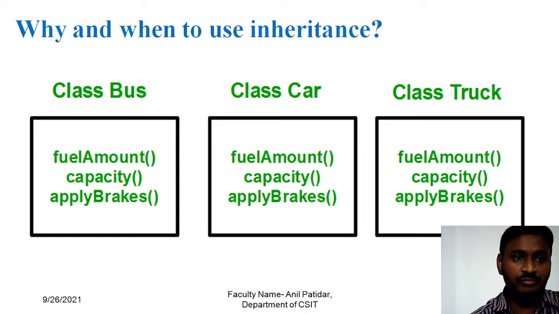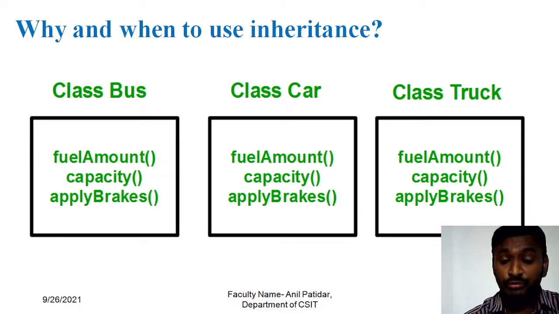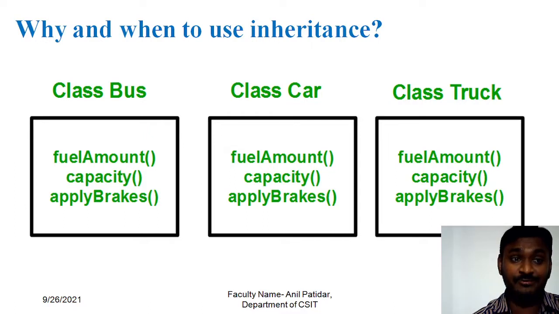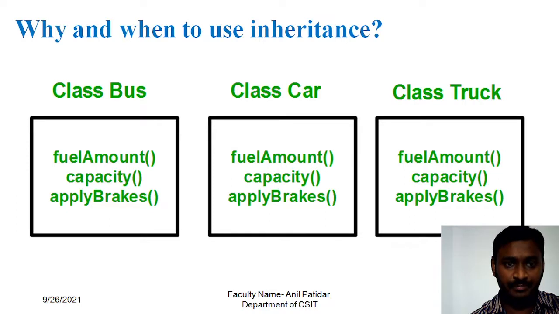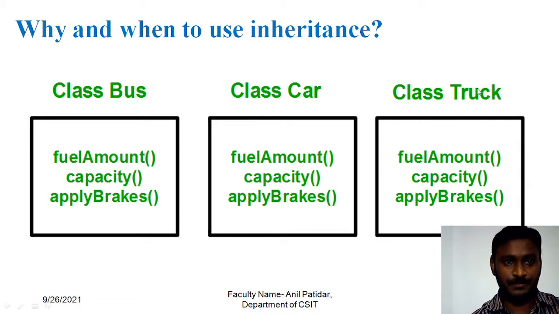Now suppose we want to create these classes by avoiding inheritance, then we need to write all these methods for each class. See this figure. If we want to create these functionalities for the bus class, we also want to create them for car, and also for the truck class.